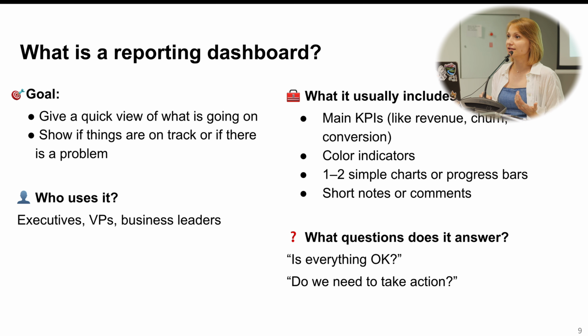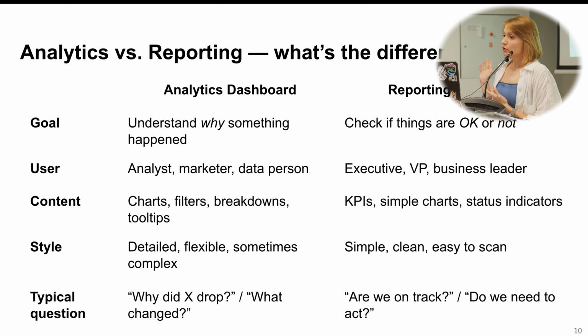For example, for sales, if we have plans for this quarter, we need these progress bars. And an interesting thing is short notes or comments, but I will talk about it further on. Here you can see a table with comparison, and I want to show you several examples after it with different dashboards.